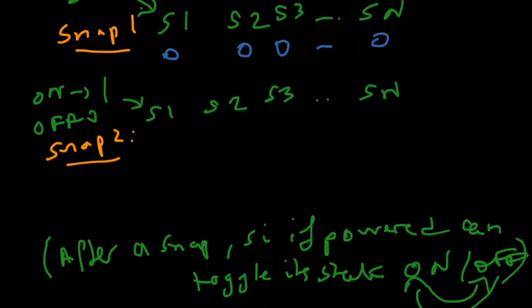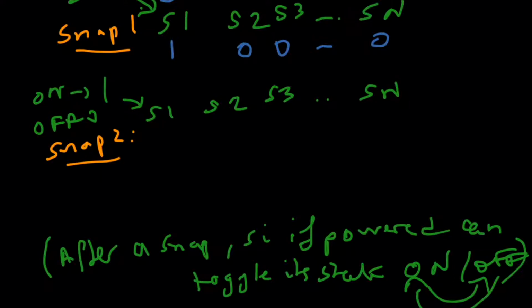Sorry, this is the initial step, like this is step 0. Step 0 is when all of them are off, but step 1 is when the first snapper gets to be in the on state. So when the user first snaps his finger, this one gets the on state, so 1.